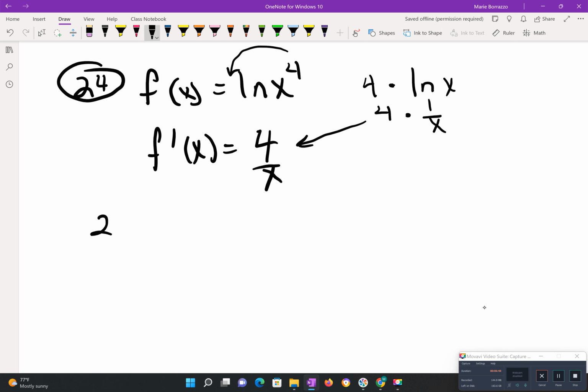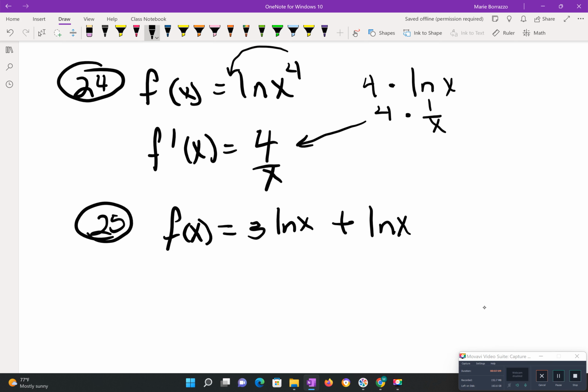All right, number 25. They're giving us find the first derivative given f of x equals 3 times natural log x, same as prior question, so it's like a little warm-up, and natural log x to the 7th plus 6 e to the x.